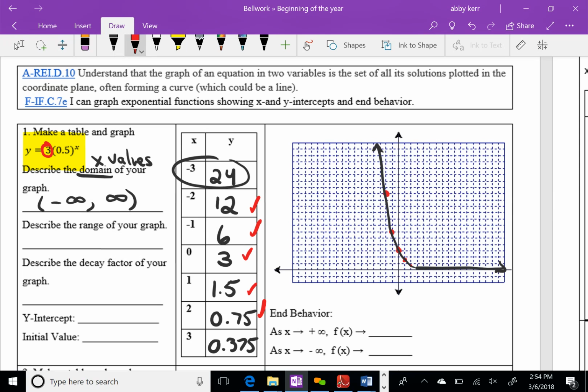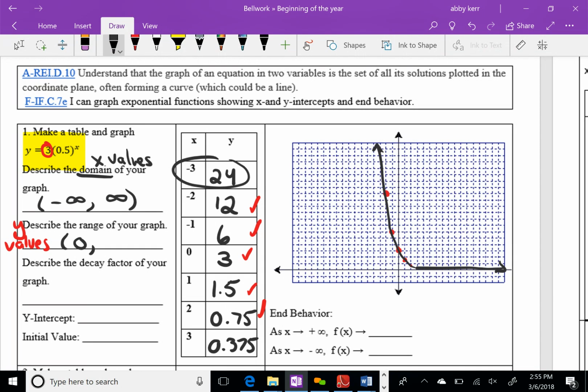Now our range value is our y. So this is our y values. So right here, our graph will never go into the negative y's. It's just impossible. So what is our graph trying to sit on? What is our graph trying to reach? It's trying to reach 0.